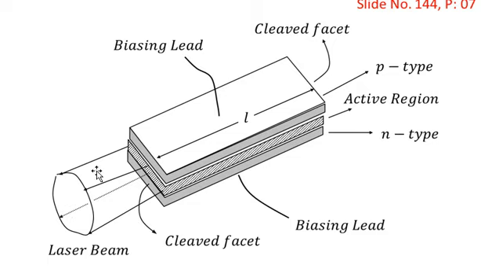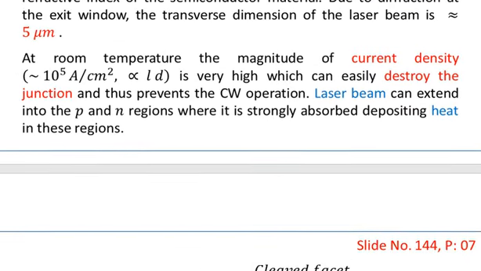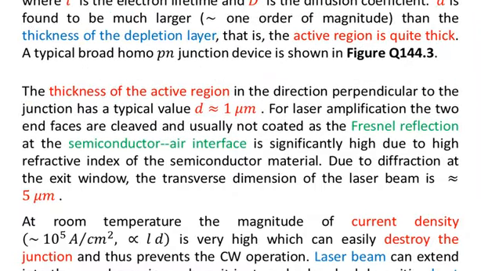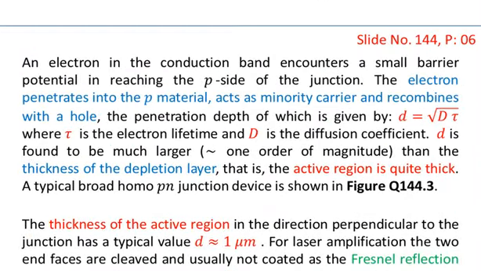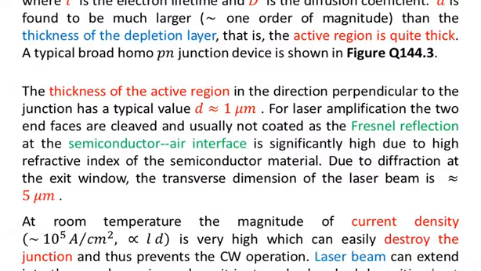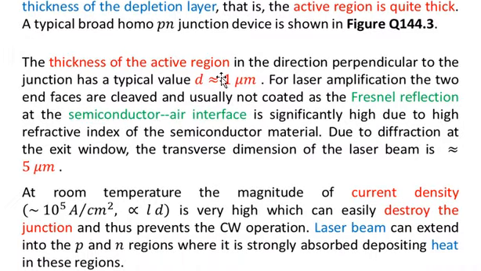The laser beam will expand because of the diffraction, and the beam is shown coming out from a broad homo p-n junction. The thickness of the active region in the direction perpendicular to the junction has a typical value of the order of D equal to 1 micrometer.